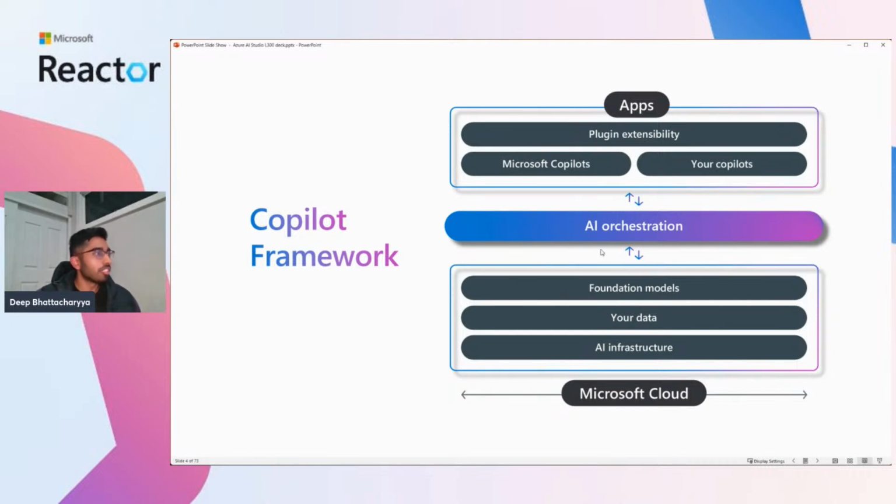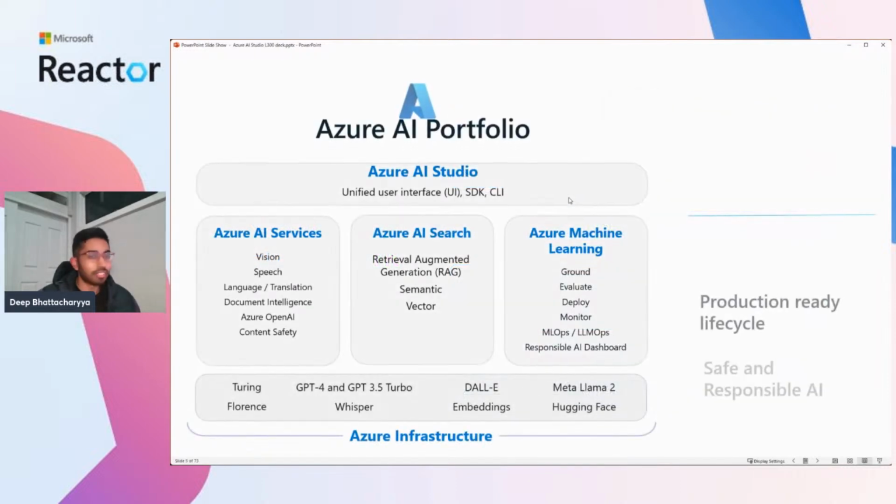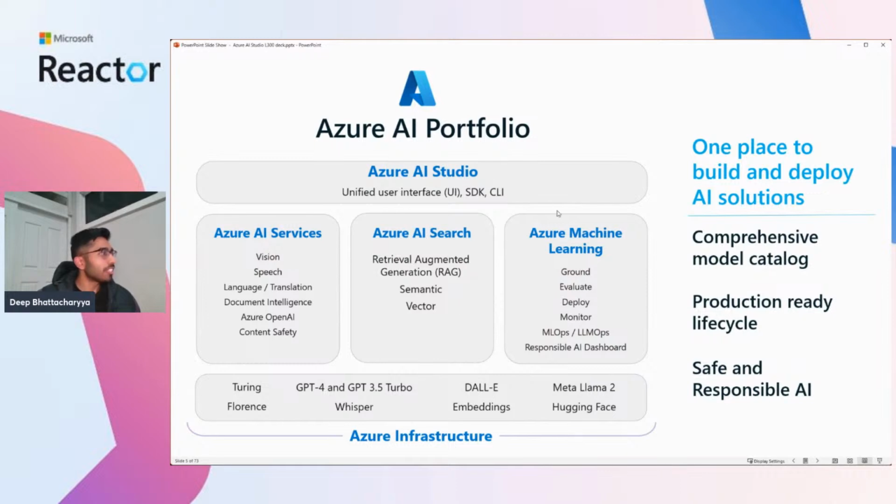And what we're focused on today is that AI orchestration bit as well, which orchestrates, okay, you've got all this data and you've got a UI. How do we then connect these two? How do we make a good flow so that when a user asks us a question, we know exactly what they're talking about and we can output the right results? And so that's what Azure AI gives us.